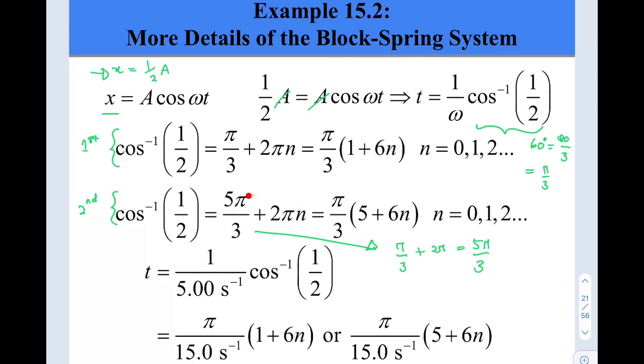If you want to simplify this equation, you may put it like this. Goes the same to this, you may put it like this. It's just a mathematical expression. The most important thing is that you understand what it means. So from here, another step, you are going to determine the t. 1 over omega, substitute the omega from part D of example 15.1, which is 5 per second.